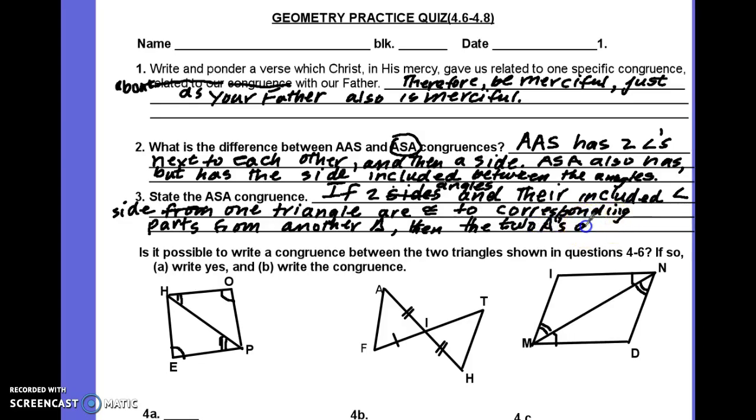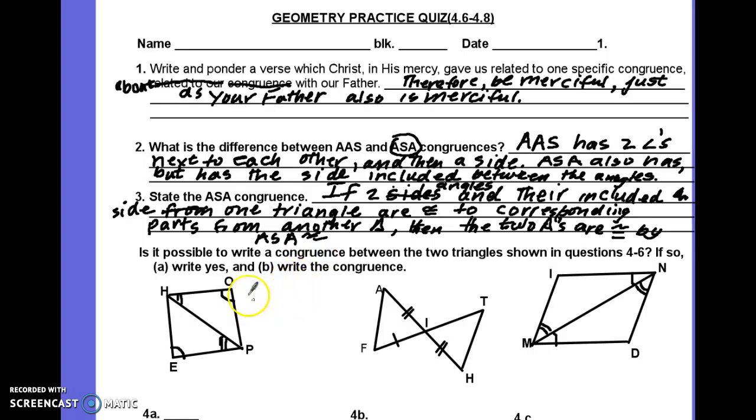Those triangles are congruent. This is going to be by what is called the angle side angle congruence. So you can rehearse that with me. If two angles and their included, not angle, but side from one triangle are congruent to corresponding parts from another triangle, then the two triangles are congruent by the angle side angle congruence.